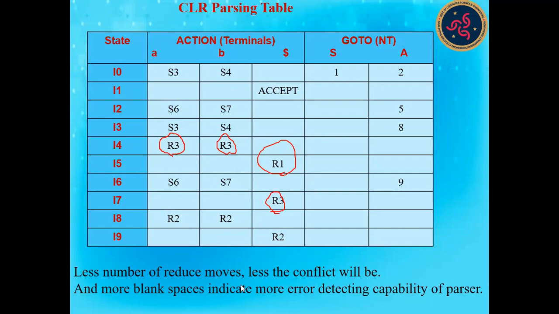In the CLR parsing table, the shift actions, that is S1, S3, and accept are placed, as well as the goto actions for the non-terminal symbols. Everything is the same as in the SLR parser. If you want to know the placement of the shift moves and the goto moves, just go to that video.